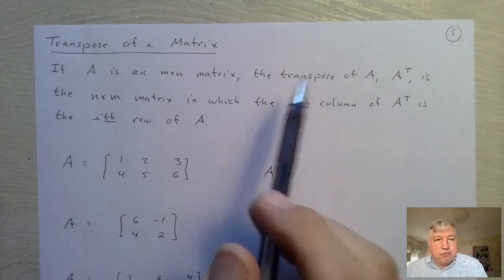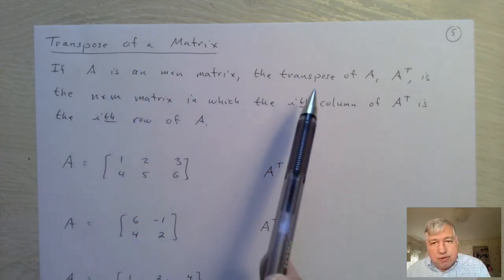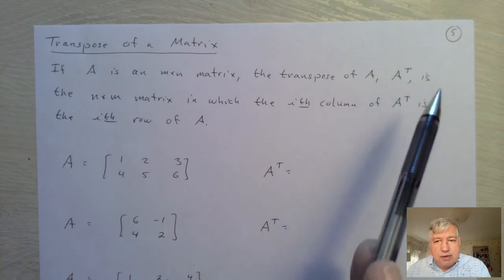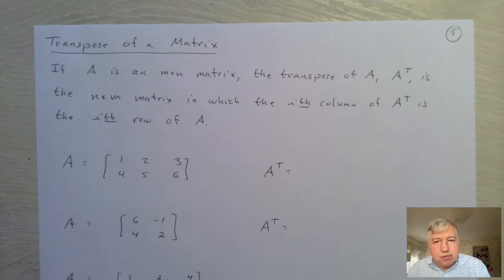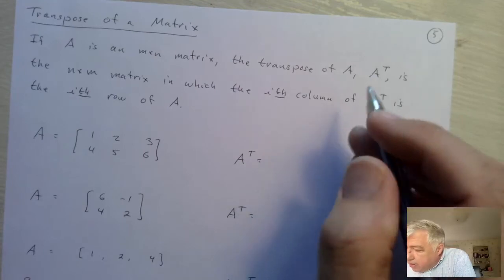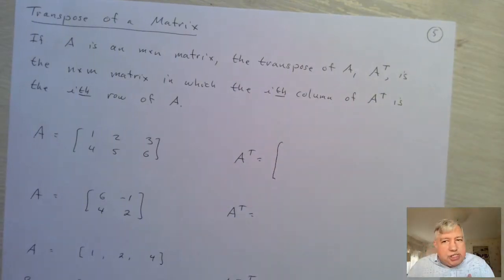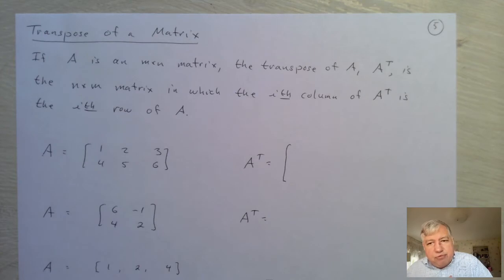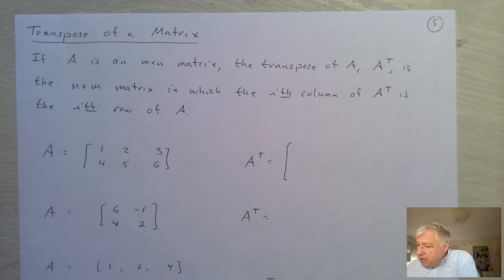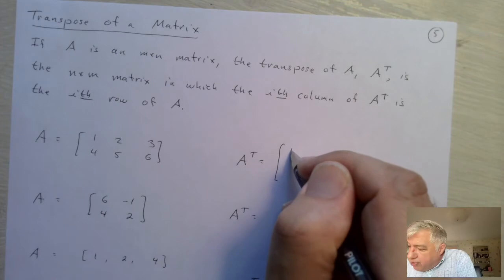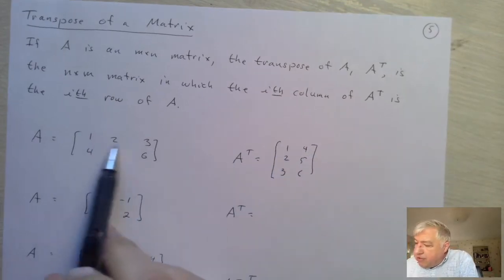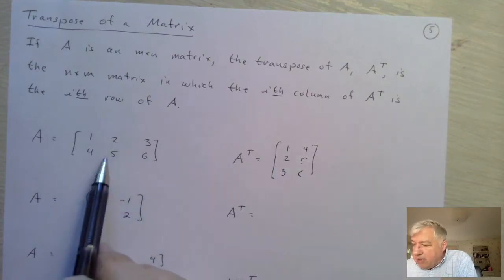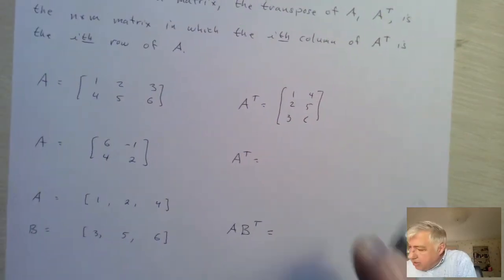If A is an m by n matrix, then the transpose of A, which we denote A^T, is the n by m matrix in which the ith column of A transpose is the ith row of A. So the ij entry of A is the ji entry of A transpose and vice versa. The transpose would be [1, 2, 3] and [4, 5, 6]. This is the first row, so this becomes the first column. The second row becomes the second column.